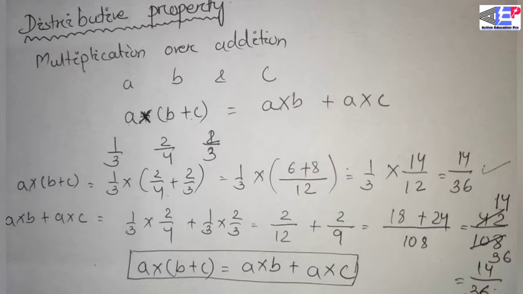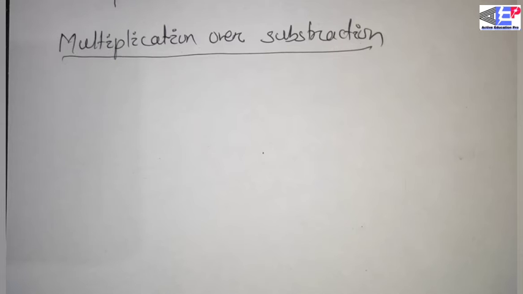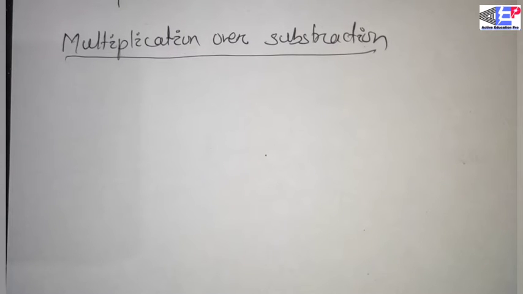Next, check for multiplication over subtraction. Take three rational numbers A, B and C to check the distributive property for multiplication over subtraction.